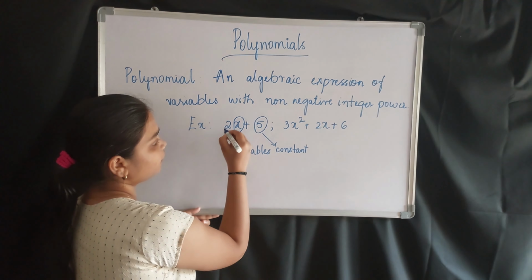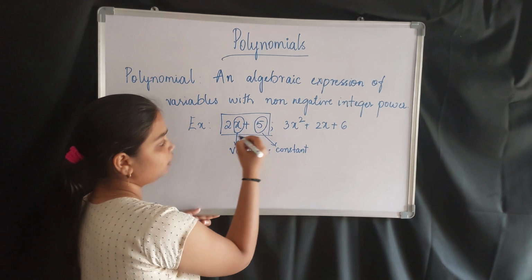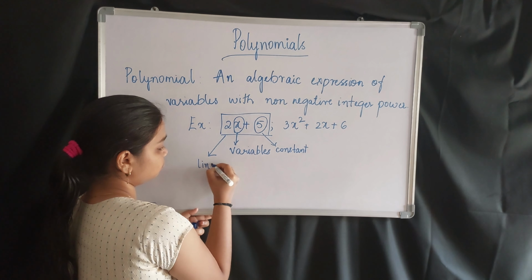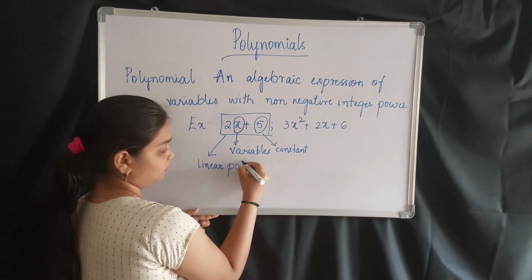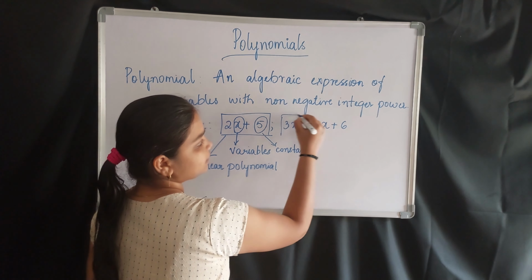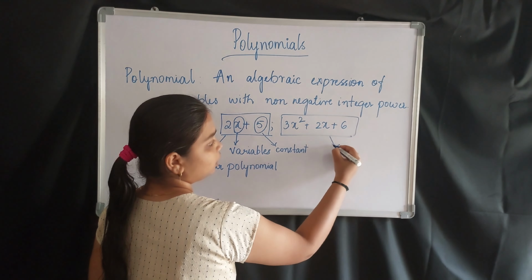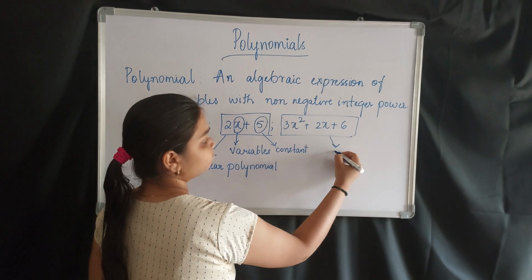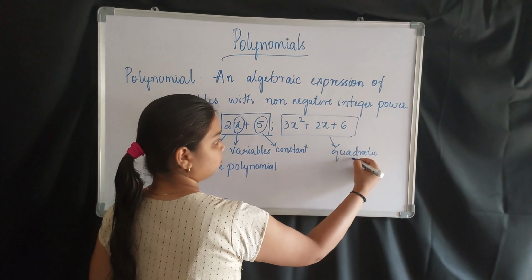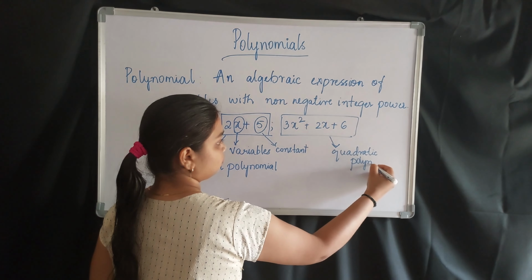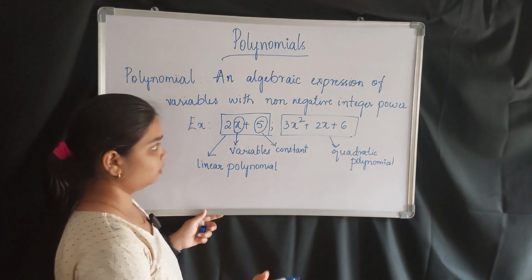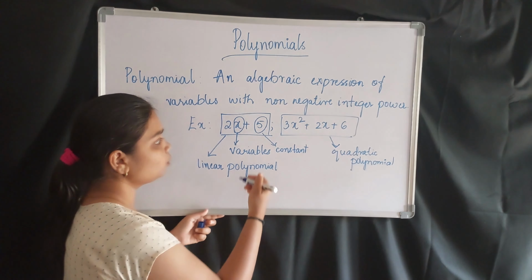So suppose if I take this as an example, it is called a linear polynomial, and this expression is called a quadratic polynomial. Why and how? Just a simple logic for now.